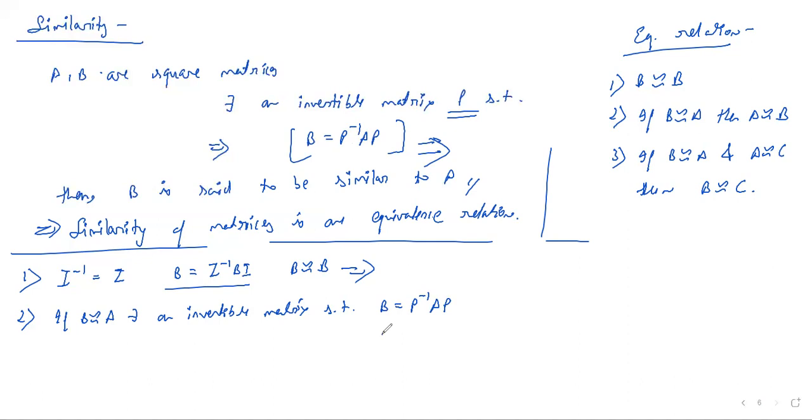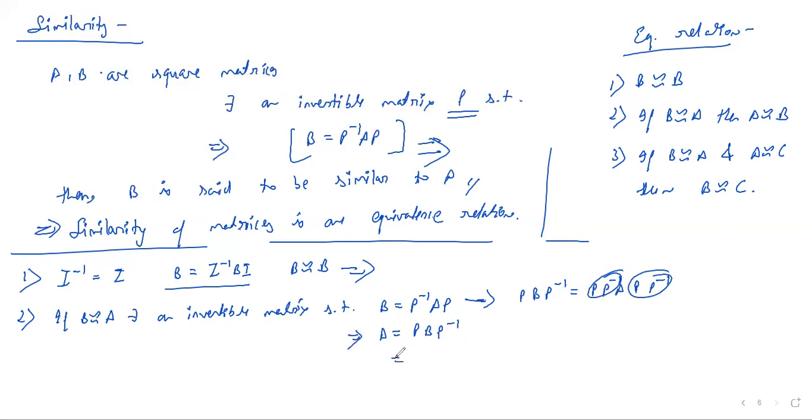Then I can write A as follows, by multiplying by P on one side and P inverse on the other. P inverse times P will be the identity, so this is my corresponding A that I got.